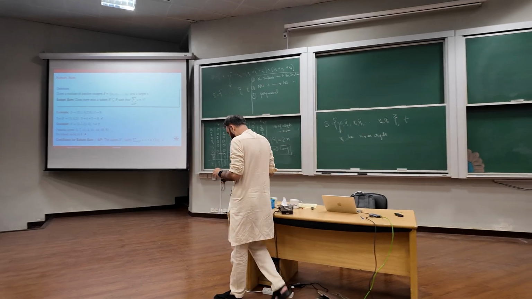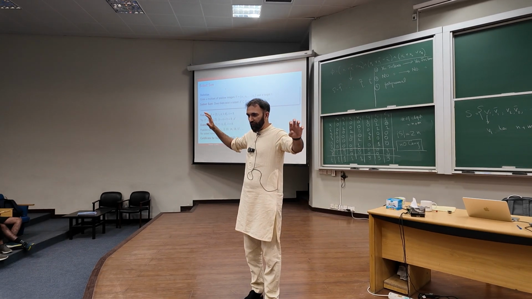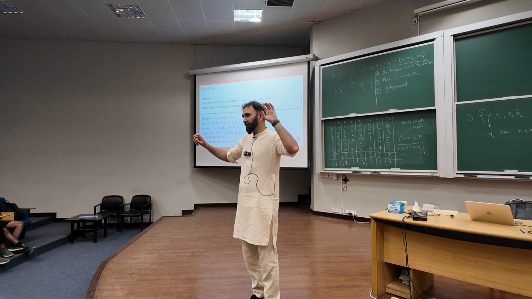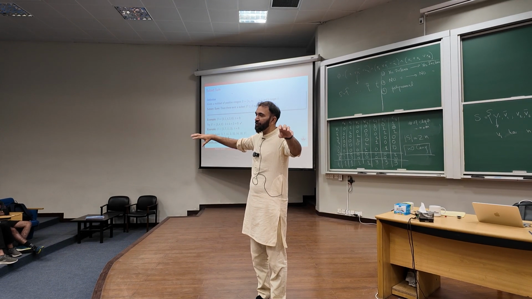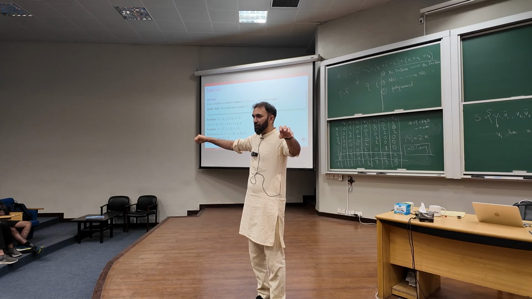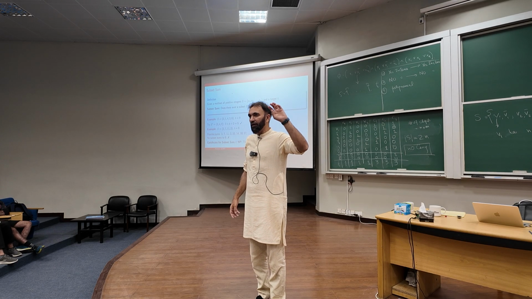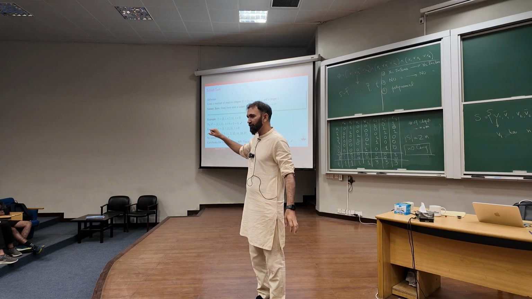Okay, so I have a Boolean formula and I have a subset sum problem. And what I'm saying is that if there is a truth assignment of the Boolean formula, then there is a subset of integers that sum up to t. Okay, that's the plan. And agar truth assignment nahi hai, तो you cannot pick any subset of numbers which sum up to t.